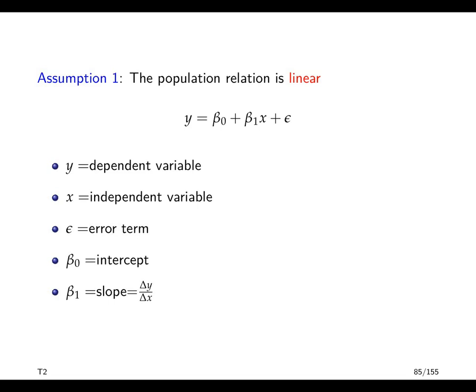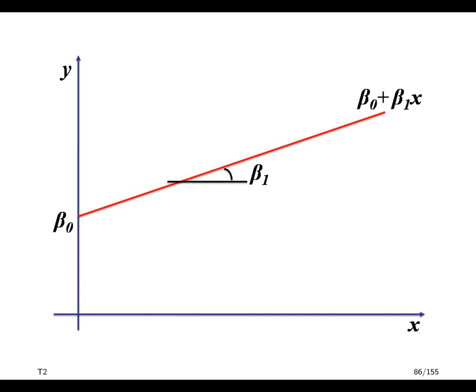The partial effect delta y over delta x is always the same, okay, certain parameter. So here it is. The population relation is linear. It's a line. We have the intercept beta naught, the value of y when x is equal to 0, and we have a constant slope beta 1, okay, that links the relation between the two variables.